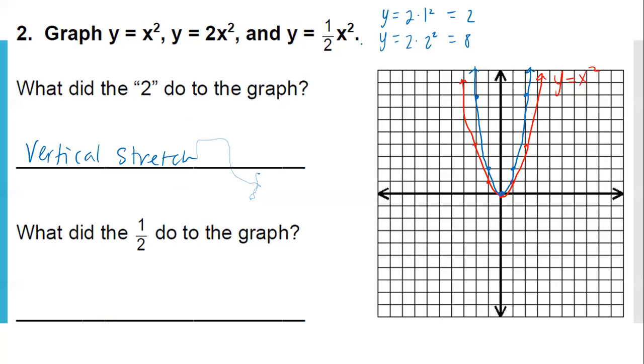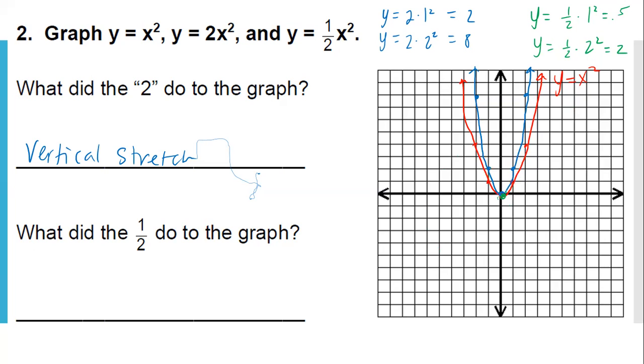Now let's think about this one. If we have y equals 1/2 x squared. So if I have y equals 1/2 times 1 squared and y equals 1/2 times 2 squared, I'm still at the origin. Half of 1 is what? Half, right? 0.5. And half of 4 equals 2. Agreed?